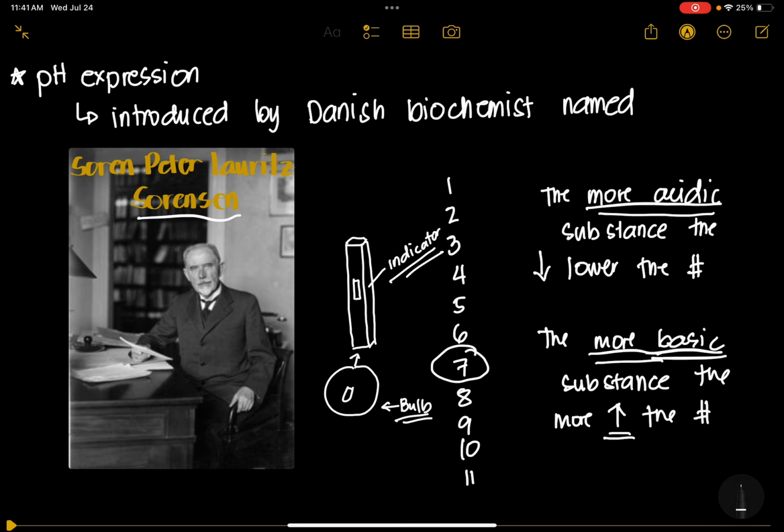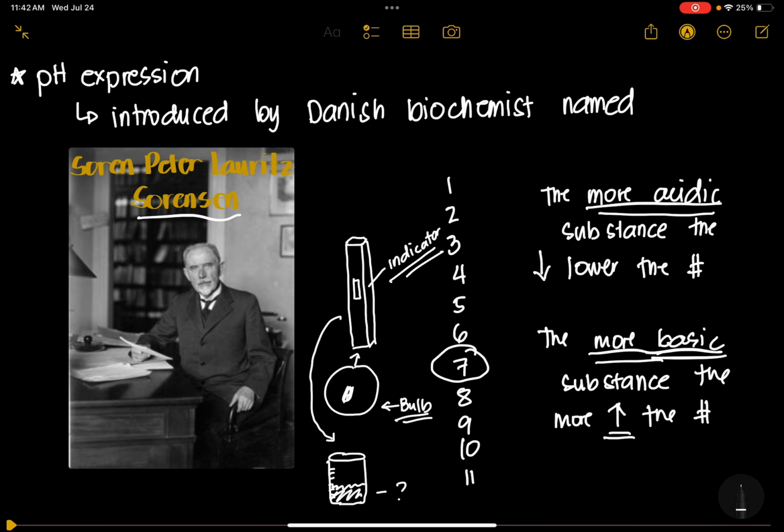You dip it in a petri dish or a small beaker with a known substance. You put this instrument in so that the bulb will be totally submerged in the substance.